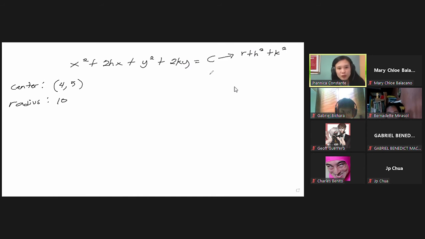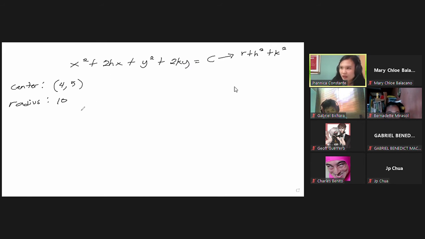That's how you're going to find the value for C in the expanded form, by getting the sum of the radius, the squared of h, and the squared of k, or the coordinate of the point of the center h and k.